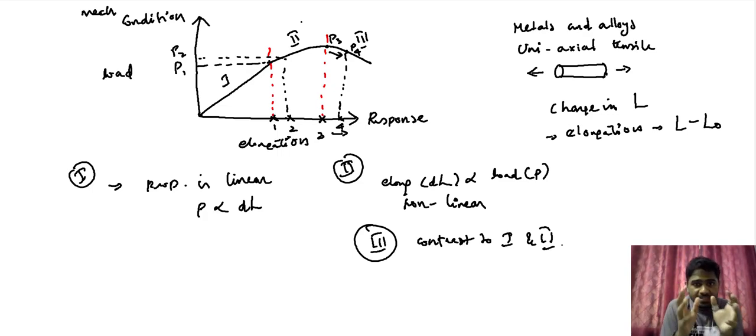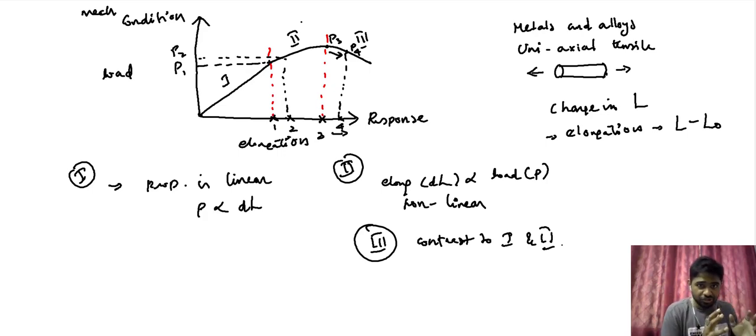So all this understanding is gained from a set of experimental observations. From the real world, we have arrived at this understanding. Now this general trend, this curve, which helps us understand, at least qualitatively, the behavior of metals and alloys, can be sectioned into 3.